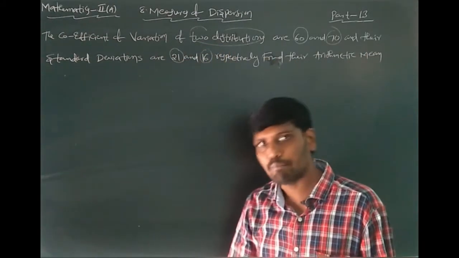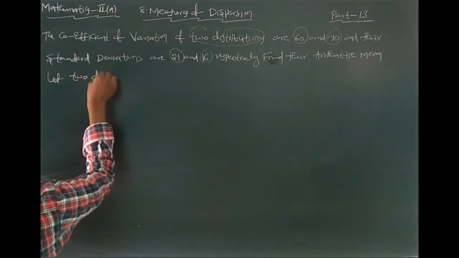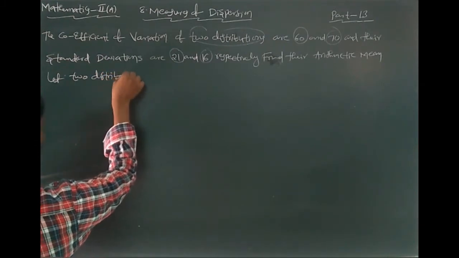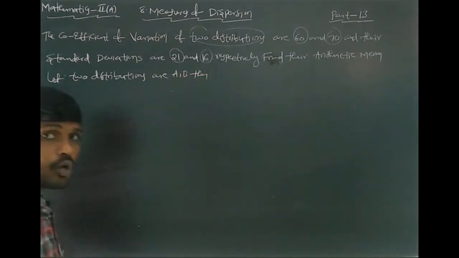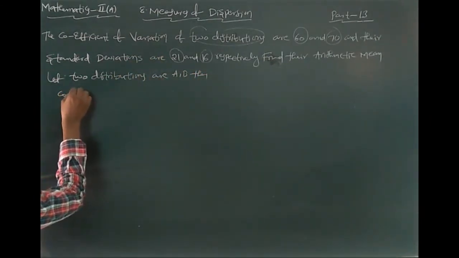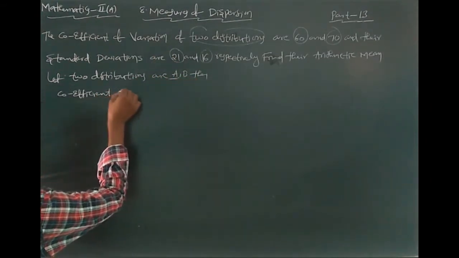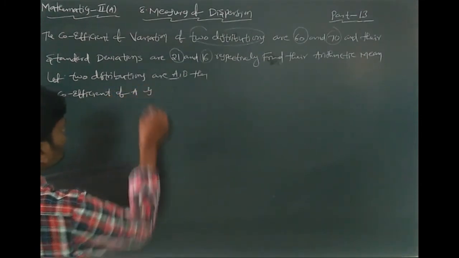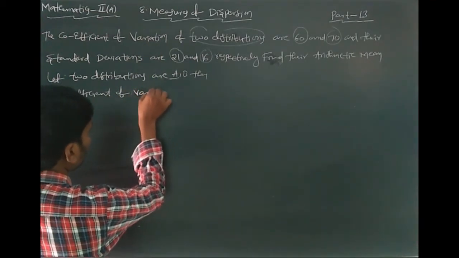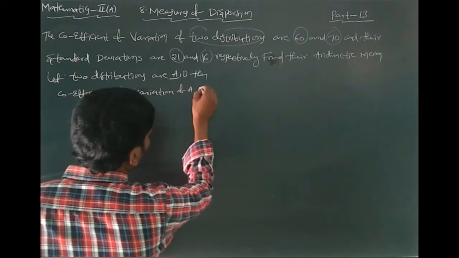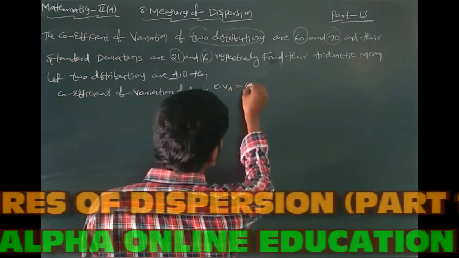Find the arithmetic mean. First of all, let the two distributions be A, B. The coefficient of variation of A, CV suffix A, is given as 60.